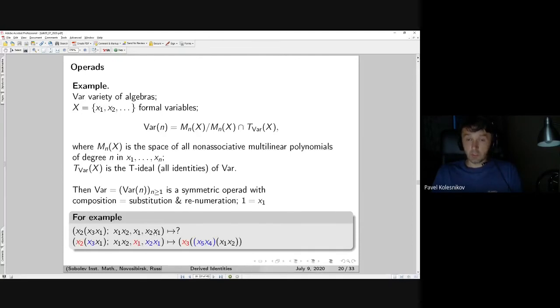In order to calculate such a composition, we have to substitute the first one for x1, the second one for x2, and apply renumeration. So x1, x2 are busy, so the next one would be x3. And this blue guy goes for x3, also with renumeration. So the result is supposed to be here. Very easy to calculate and natural.